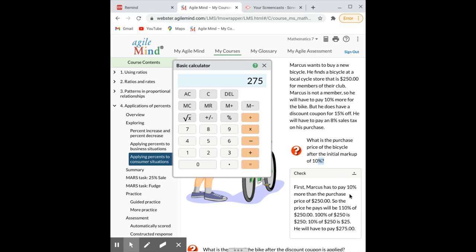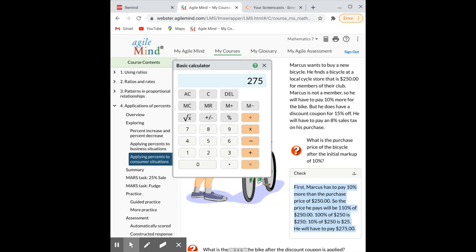All right. So read what it says right there for us, Braden. It says first, Marcus has to pay 10% more than the purchase price of $250.